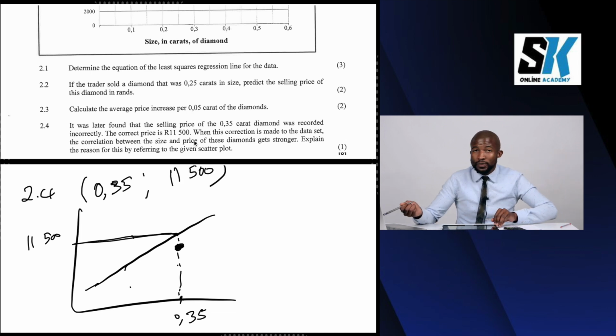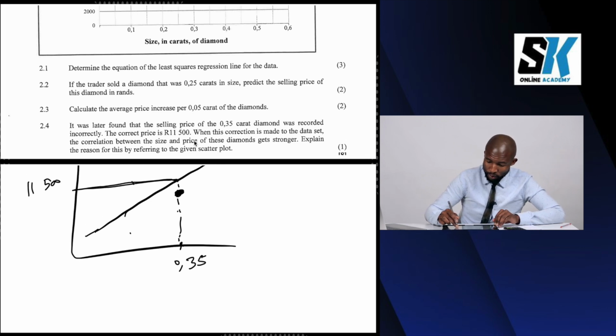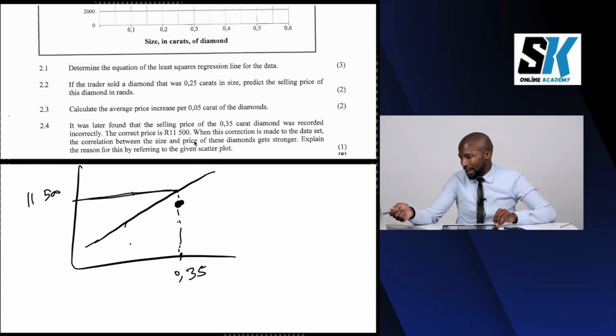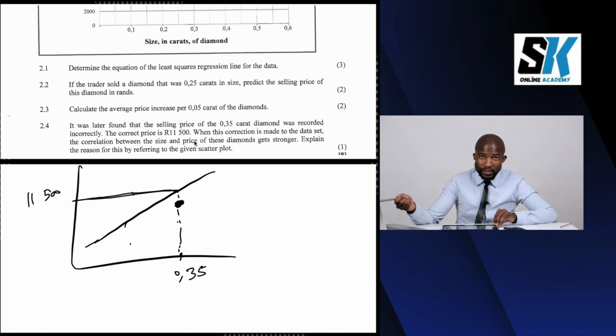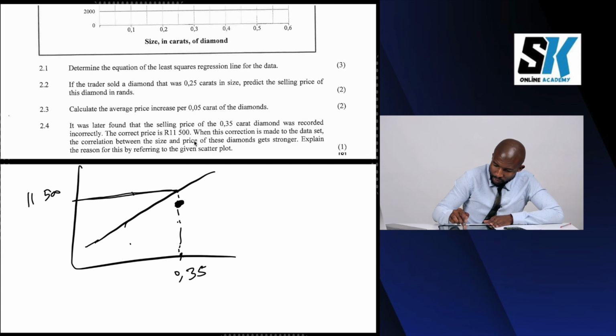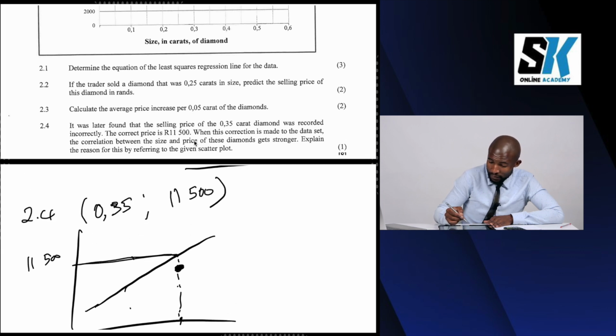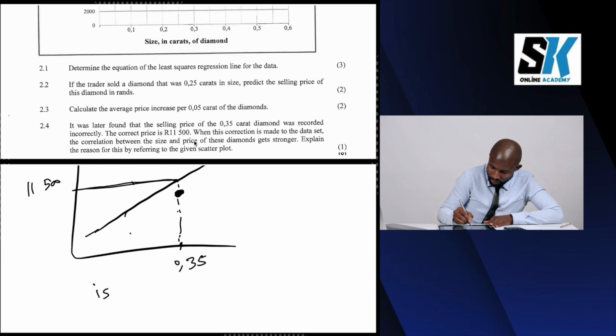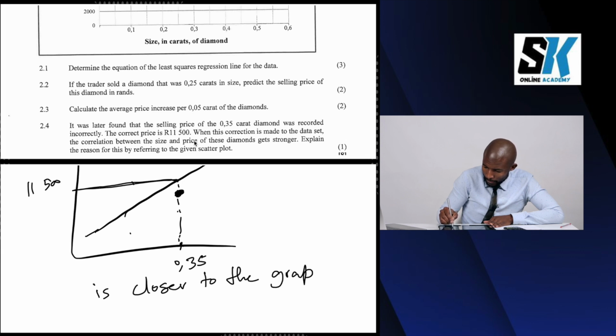And then to motivate your answer for that question, because they say explain the reason for this referring to the graph, which is what we've just dealt with, you're going to say that this point, which is 0.35 and 11,500, is closer to the graph or to your line.